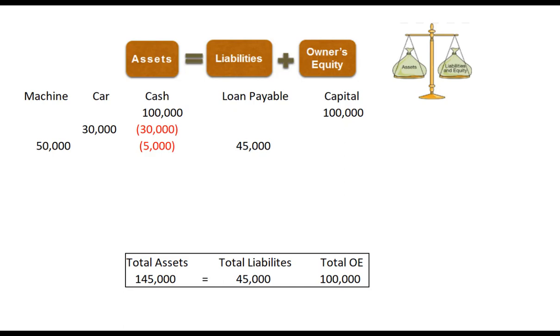An extremely important concept is that the accounting equation must always balance, meaning that each individual transaction, when it's recorded, must balance. Assets must equal liabilities plus owner's equity. And then in totality, all total assets equal all total liabilities and total owner's equity.